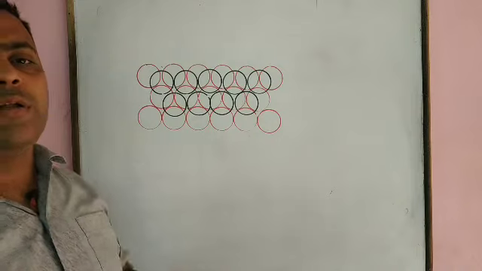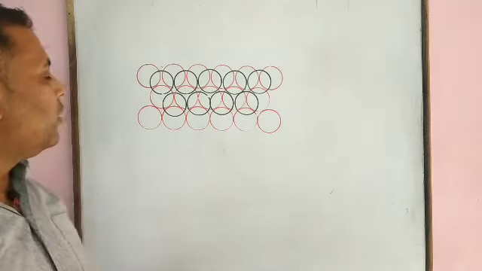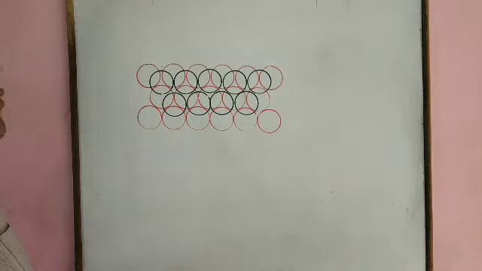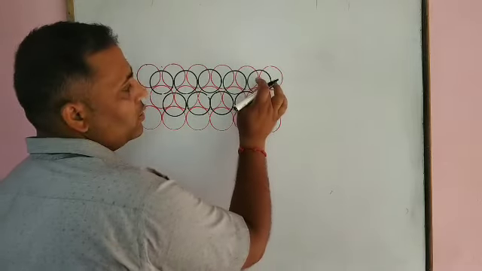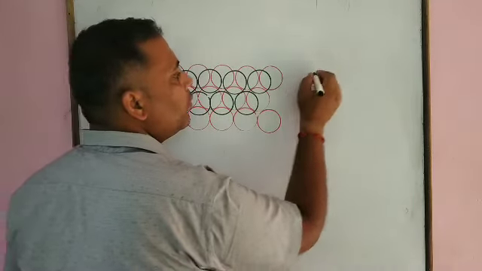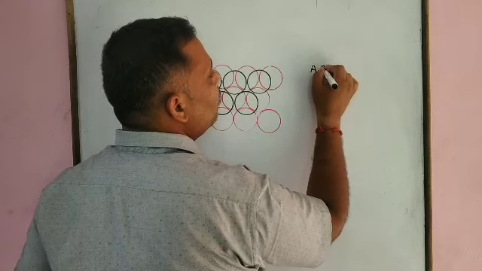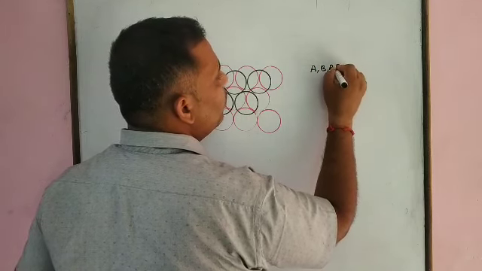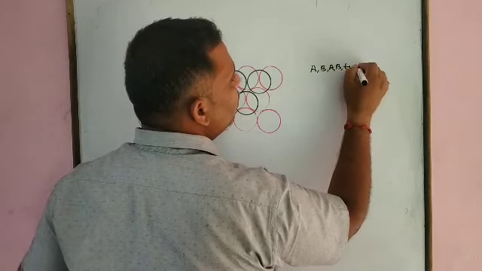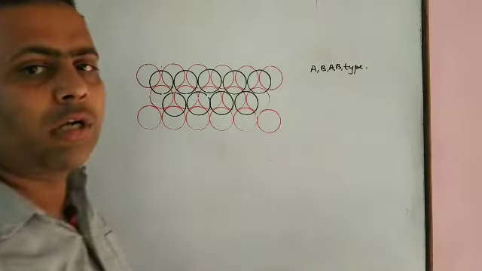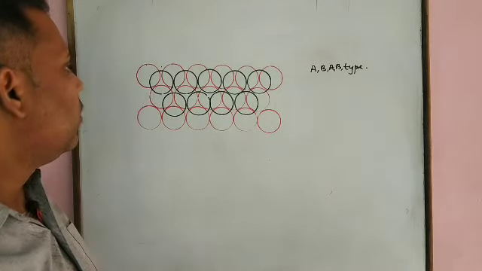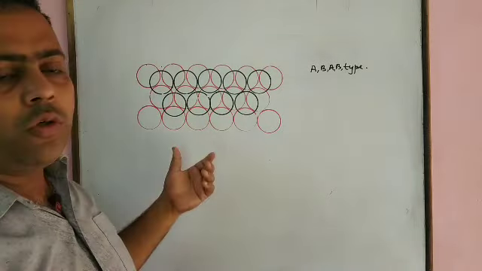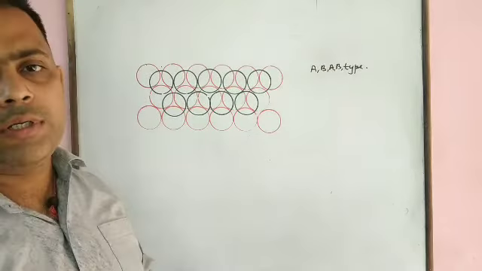When it is placed in the depression of the first layer, what do they form? It is not aligned to that of the first layer. It forms A, B type closed pack structure. By doing so, two types of voids are created.